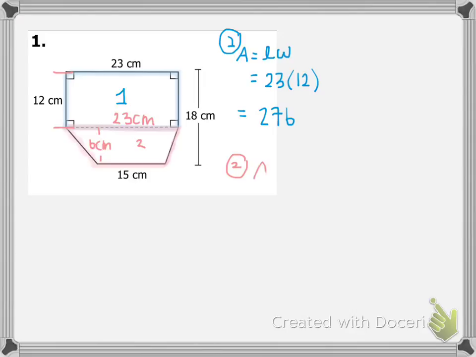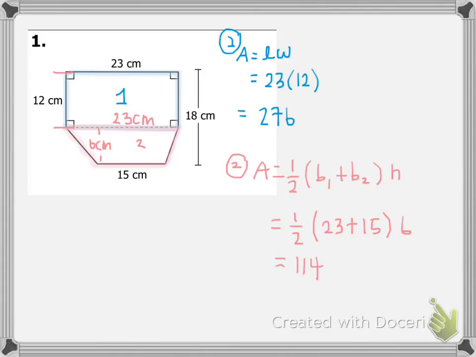So the area of that is going to be 1/2 your base 1 plus your base 2 times your height. So 1/2 times 23 plus 15 times 6. So that would be 3 times 23 plus 15, which is 114.